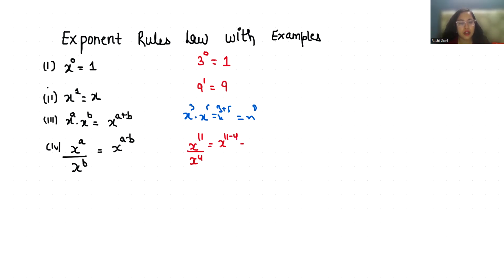I'm going to write it again, x power 3 times x power 5 is equal to x power 3 plus 5, which is x power 8.